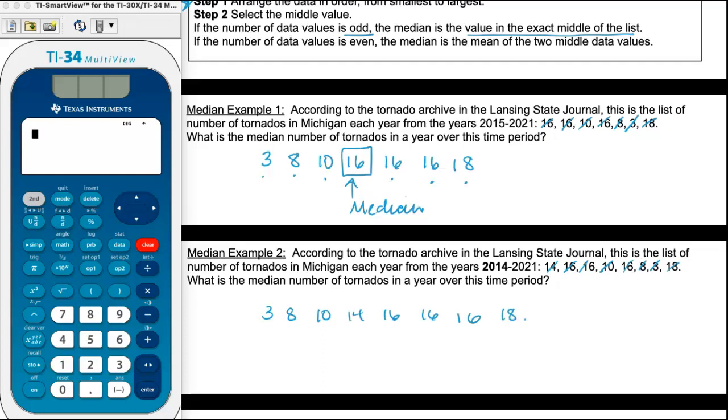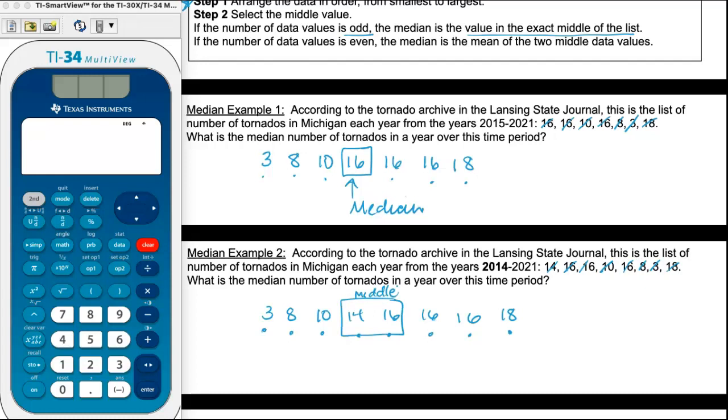And so now you're going to stick your left finger on the 3 and your right pointer finger on the 18, and then you're just going to go in one at a time. And as you go in, you'll see 14 and 16, they're a tie for the middle. So the very middle lands on 14 and 16.